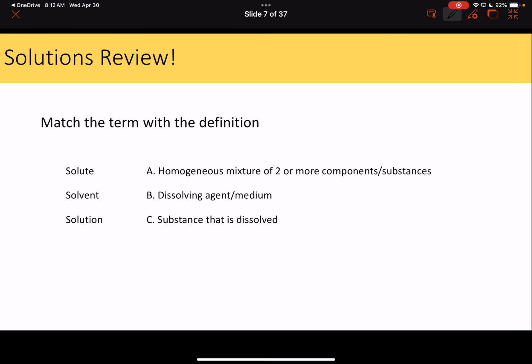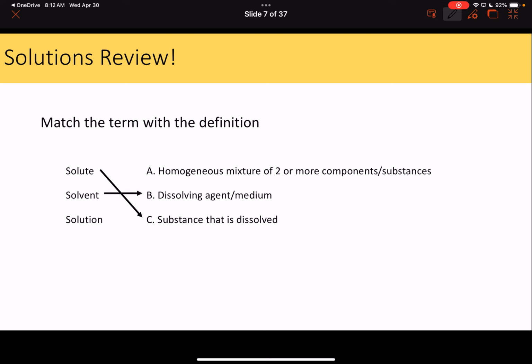So we're going to do a solutions review, match the term to its definition. Our terms are solute, solvent, and solution. A is a homogeneous mixture of two or more components. B is the dissolving agent. And then C is the substance that is dissolved. So solute, would that be A, B, or C? C. It is a substance that we dissolve in a solution. What would be solvent?